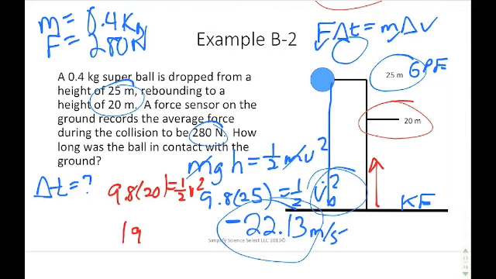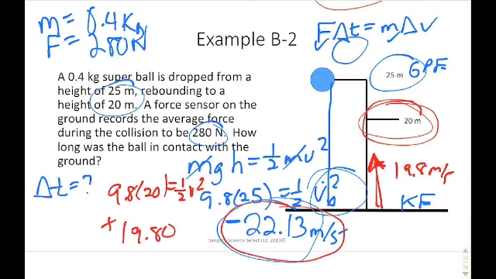And you get 19.80. So that right there is a positive value. And people say, wait a second, we just did a negative value. Remember, the height of 20 meters that it goes to, it's moving up in that direction. So the ball is moving a positive 19.8 meters per second as it moves up to a height of 20 meters. So now we have our change in velocity. We have an initial velocity of negative 22.13, and a final velocity of positive 19.80.